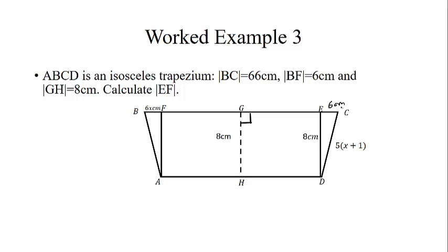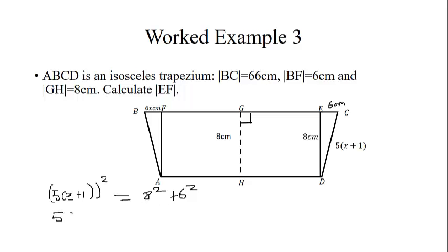So we can use this property now. We can use the Pythagoras property now to find the value of x. So we know that 5 into bracket x plus 1 all squared should be equal to 8 squared plus 6 squared.